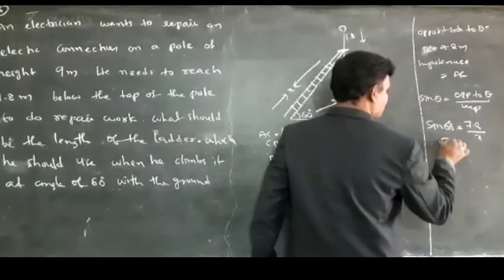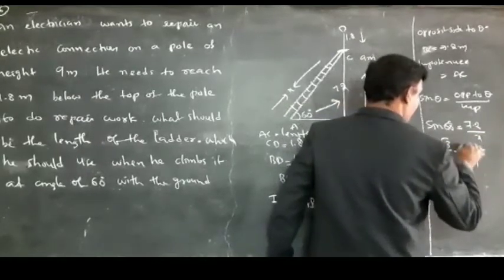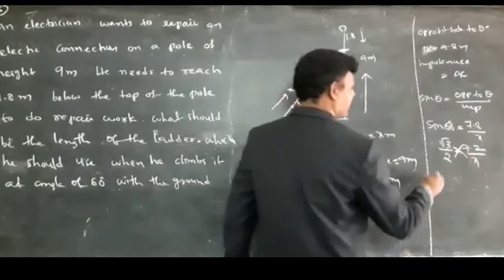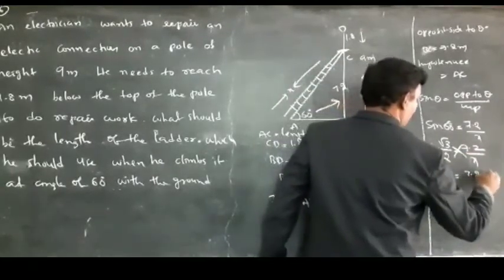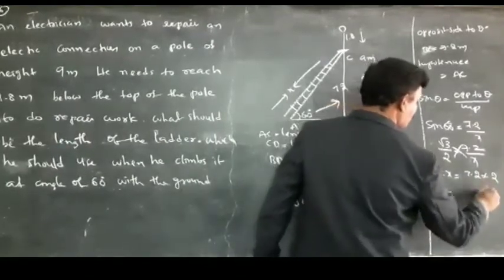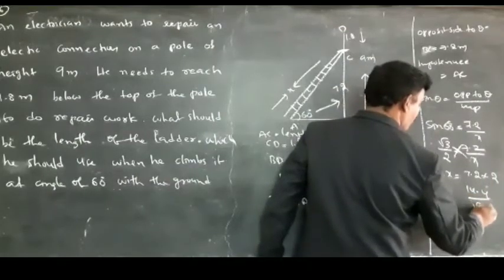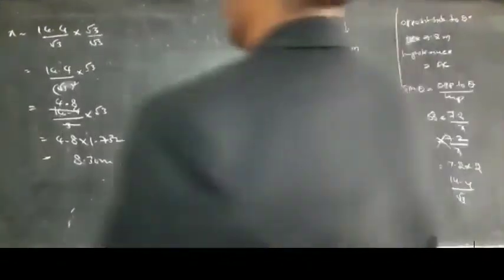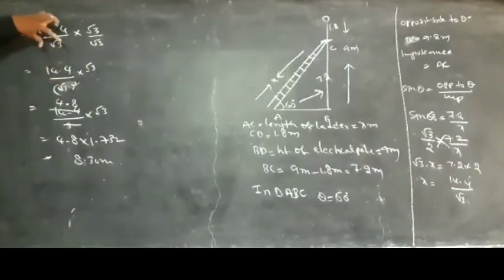But sin 60 is nothing but root 3 by 2, equal to 7.2 by x. After cross multiplication, root 3 into x is equal to 7.2 into 2. Then x is equal to 14.4 by root 3.